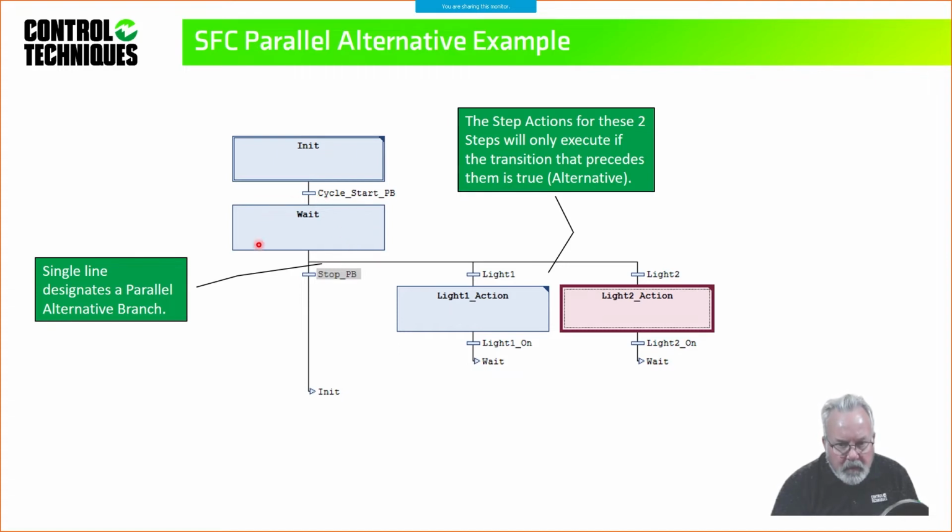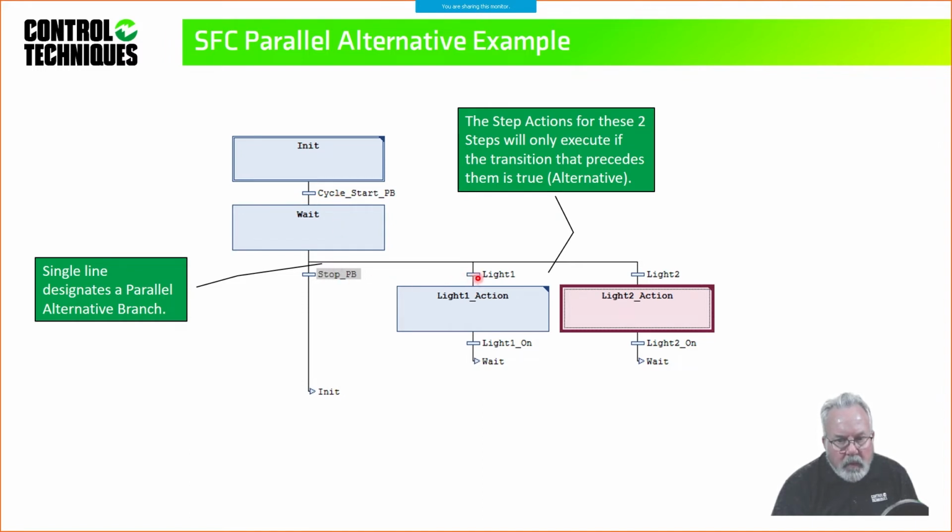But in this example program here, it's going to start with init. It's going to wait until a cycle start push button. It's going to flow through here. There's no actions here. And it's going to start looking at, is the stop push button true? If it is, it's going to go back here and wait for the cycle start.